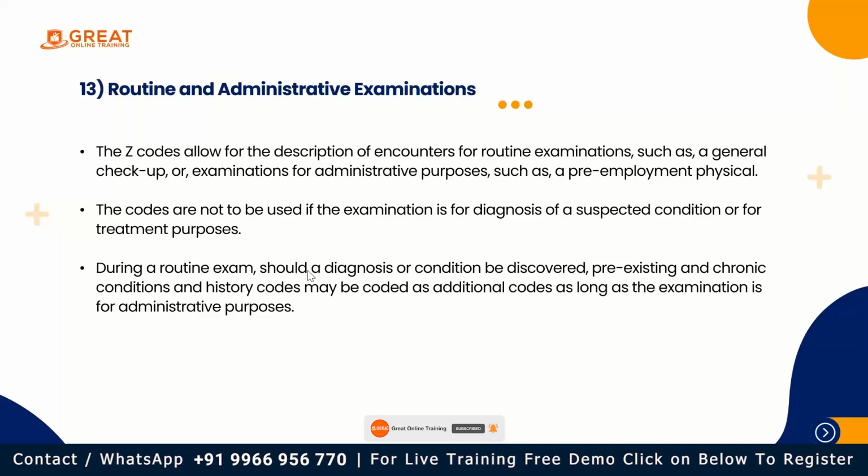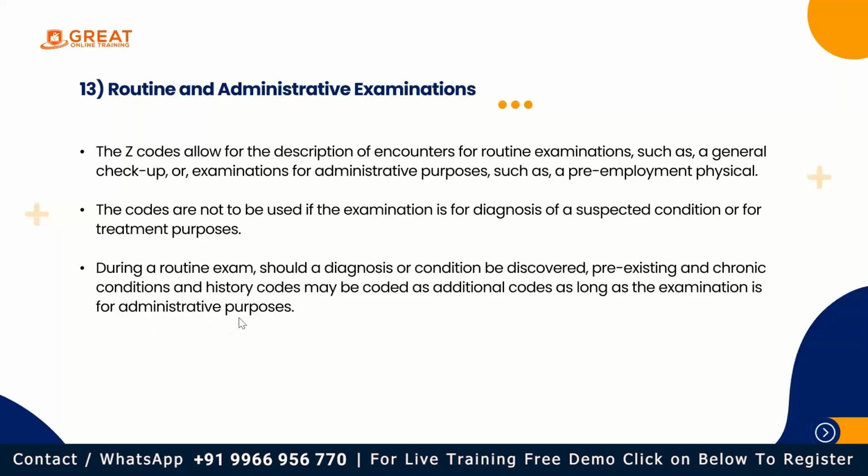During a routine exam, a diagnosis or condition may be discovered. Pre-existing and chronic conditions and history codes may be coded as additional codes as long as the examination is for administrative purposes.